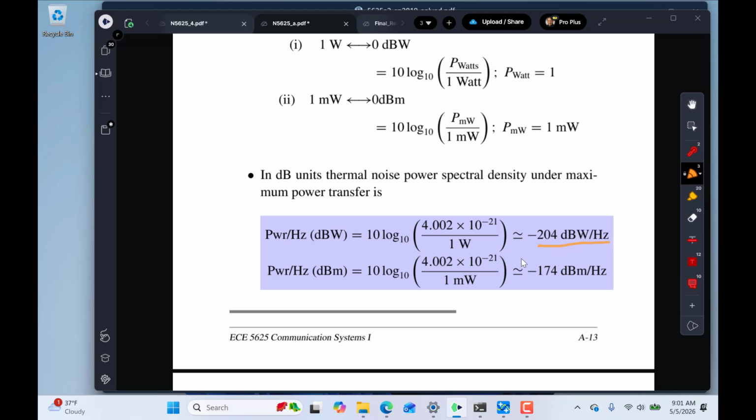And this one right here is the one that I was told ages ago by my professor: remember this number. I've remembered that number, minus 174 dBm per hertz, is the noise level off an ideal resistor.